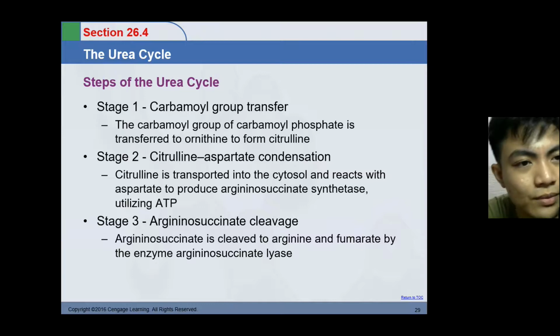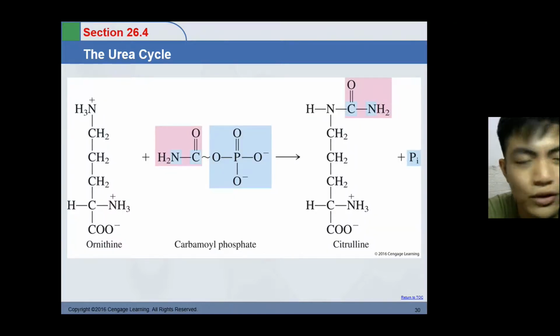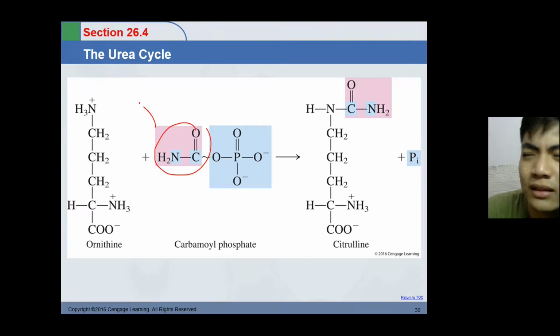So, tignan natin. In the first step, there needs to be a carbamoyl phosphate. So, this step is the activating step. Okay? Dito ma-activate yung ating urea cycle. So what will happen here is that we will have ornithine. Ang ornithine ay andyan talaga siya sa mitochondria natin. So basically, this amide group needs to be attached dito sa ating ornithine so that we will produce citrulline.